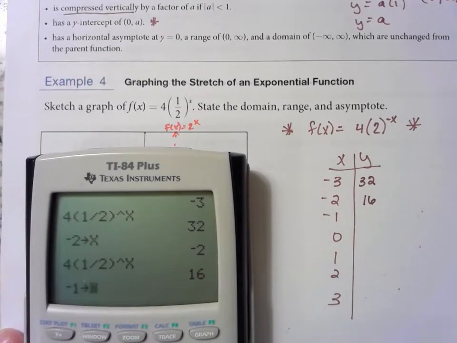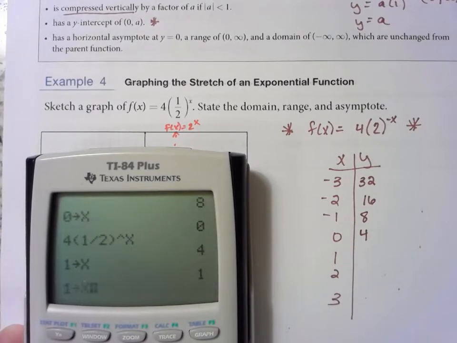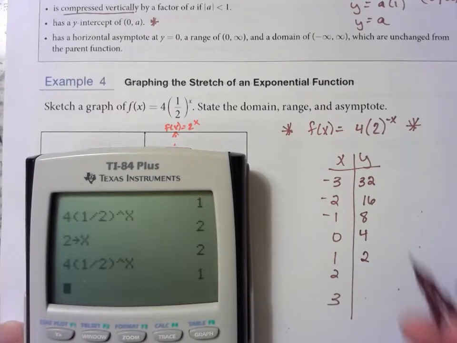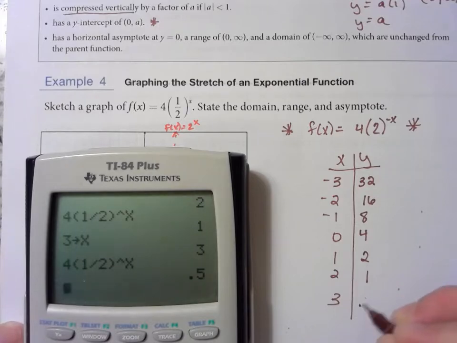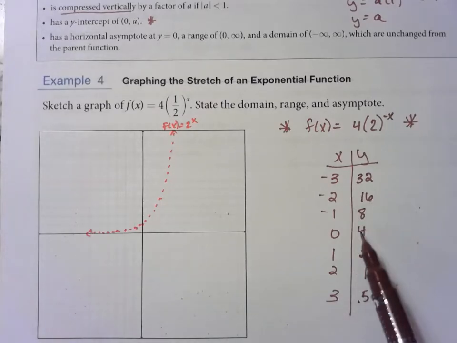Then 16, and 8. We should know this one. Alright, so we can't really graph (-3, 32), nor (-2, 16).